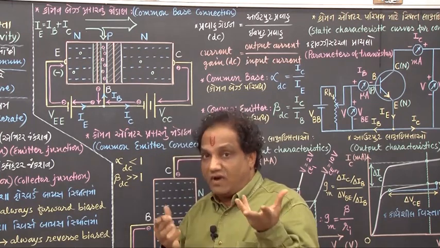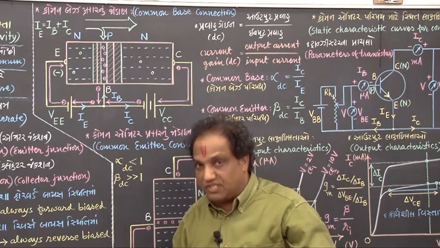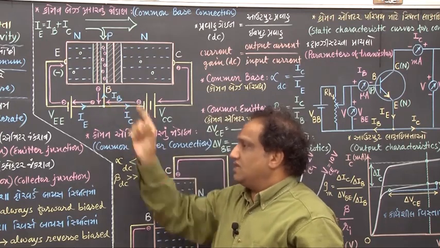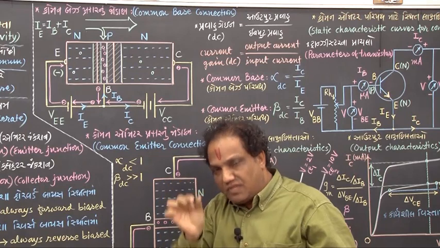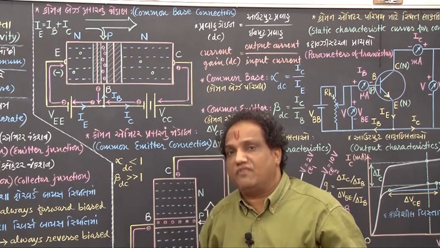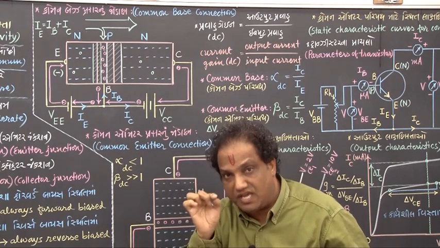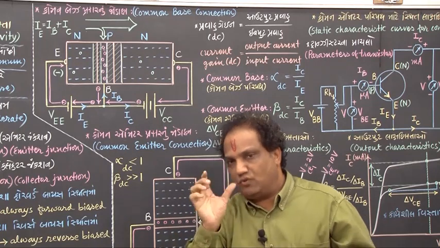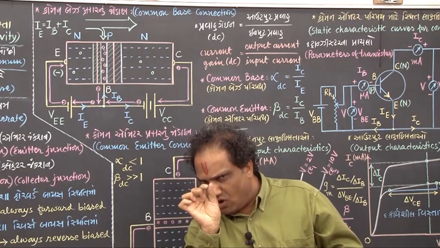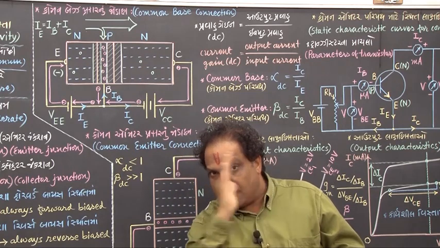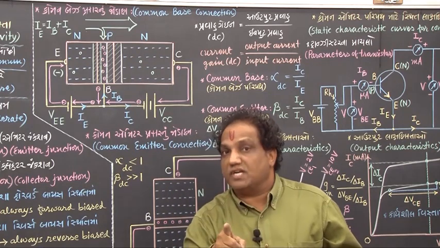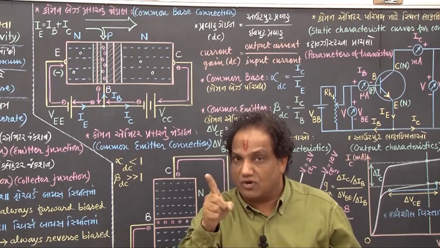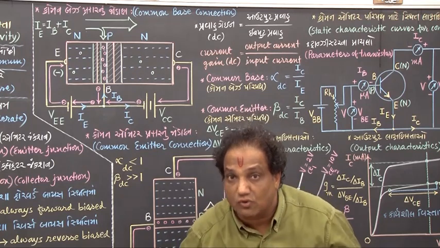Then you may have a question, why only 5%? There are two reasons. The region of the base is extremely thin. Actually it is introduced in the form of a very thin strip, okay, fine. And because its width is very small, electrons do not take much time to cross that width, and that's why there are fewer chances for recombination of an electron with a hole, correct?